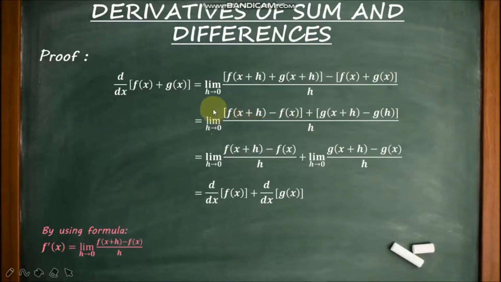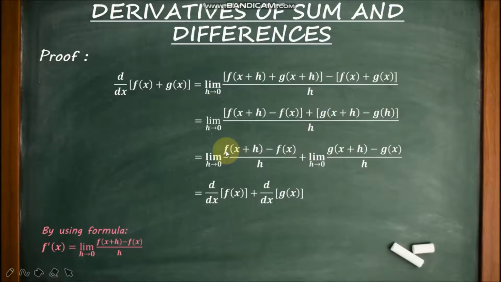Okay, after this first step, the next step is to rearrange it: f(x plus h) minus f(x), plus g(x plus h) minus g(x), then divide by h. So we categorize it already, then we can separate it.